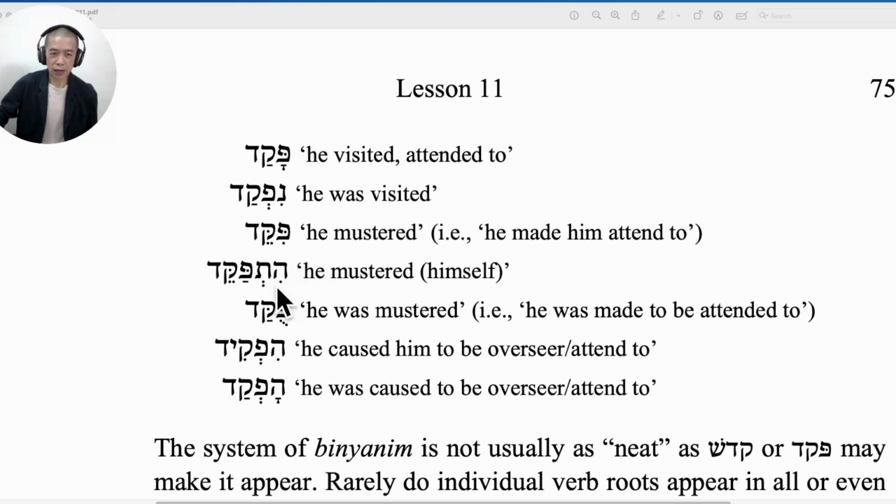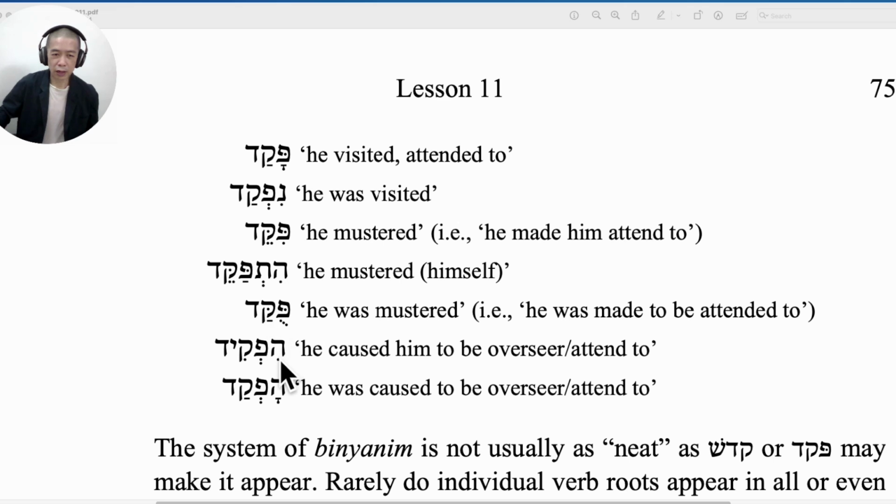For Hitpaqed, this is the Hitpael form. He mastered himself. For Puqad, this is the Pual form. It means he was mastered or he was made to be attended to.